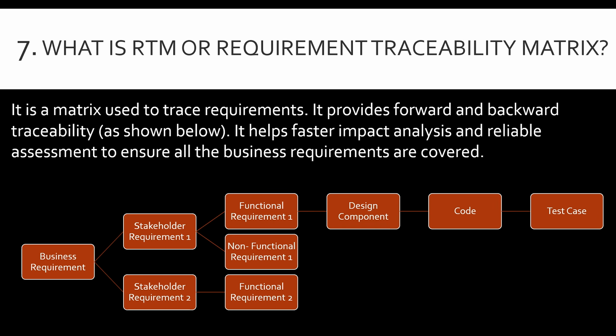In order to deliver this functional requirement, what are the design components required? If you take an example of the screen to show the customers the list of available seats, the design would involve different screens and also the logic for showing the available seats.